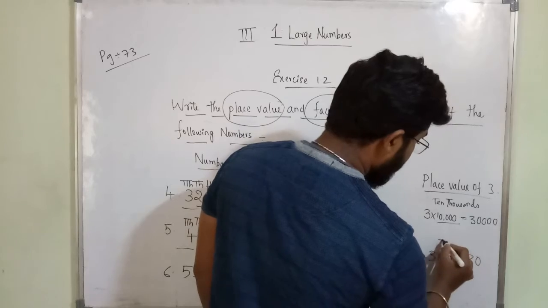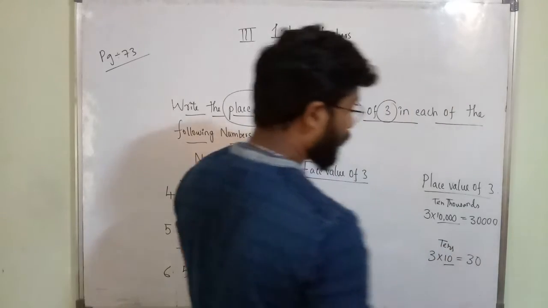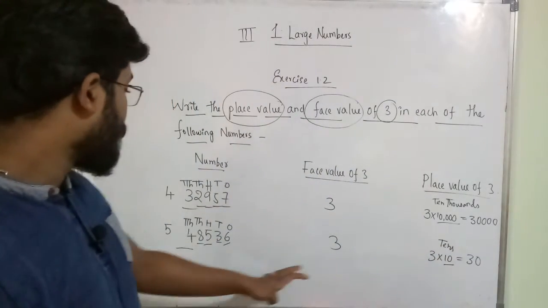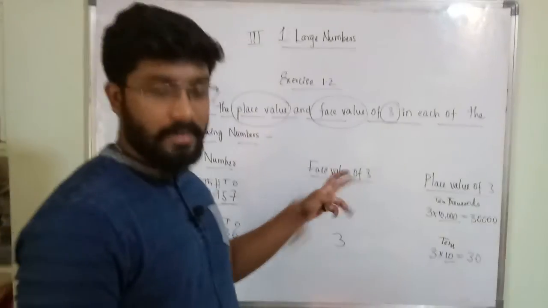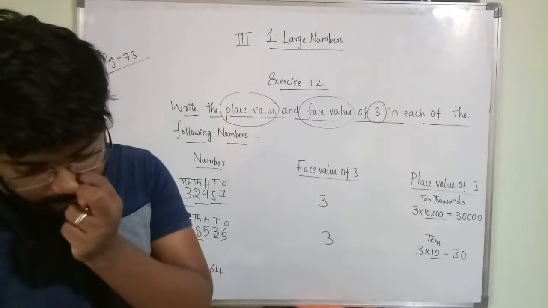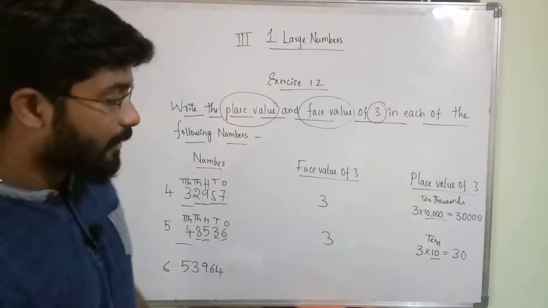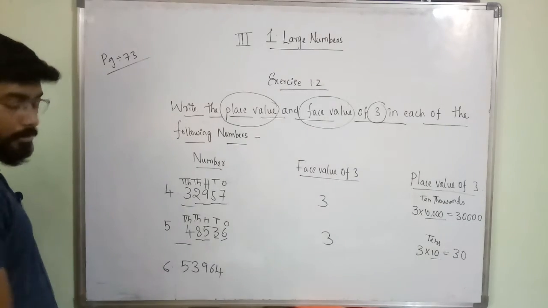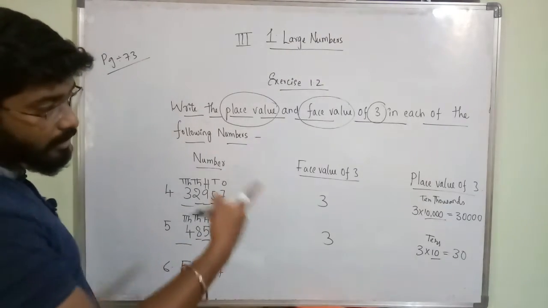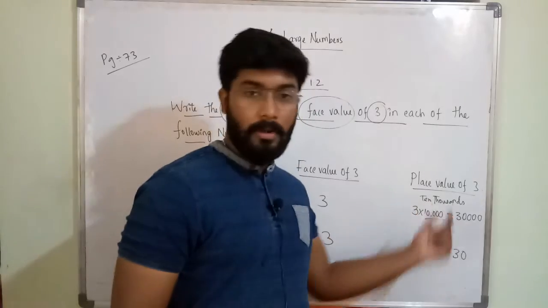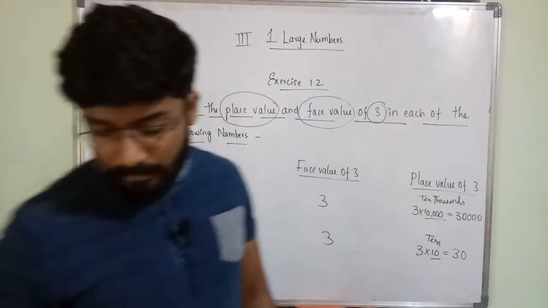Here 3 tens equals 30. Like that you have to write. For the previous third, second, first also you have to write like that. For the second one it is 3,000s, and for the third one it is 3 ones. If you write in number form also it is correct, but he has given in word form, so you should write everything in word form.